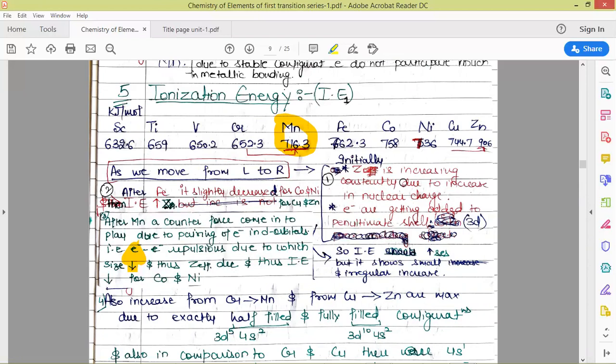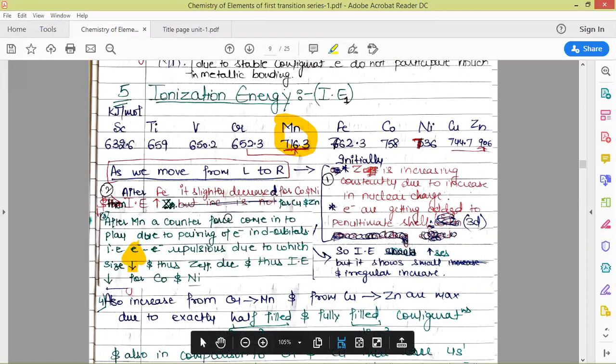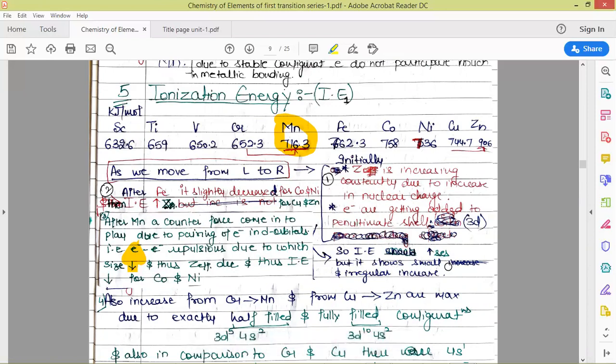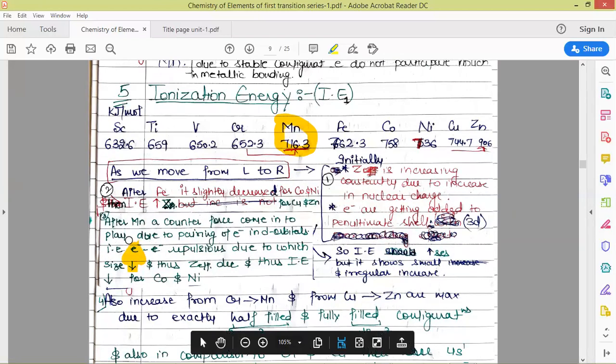But in general, Z effective is increasing and ionization energy thus increases, but with a small irregular increase, and the reason for that is the introduction of the electron-electron repulsion factor into it.